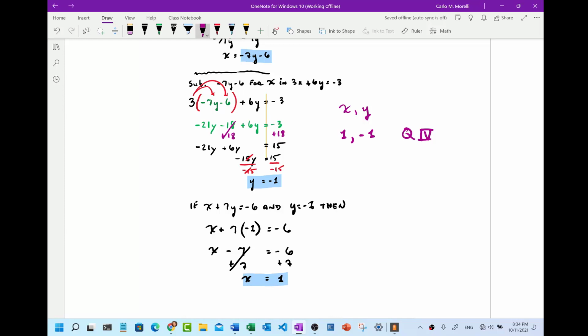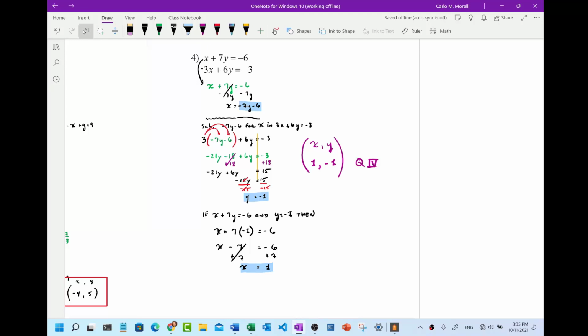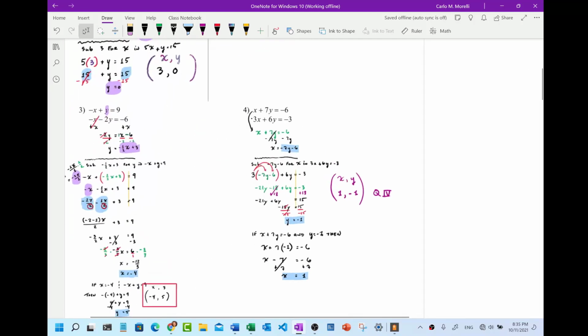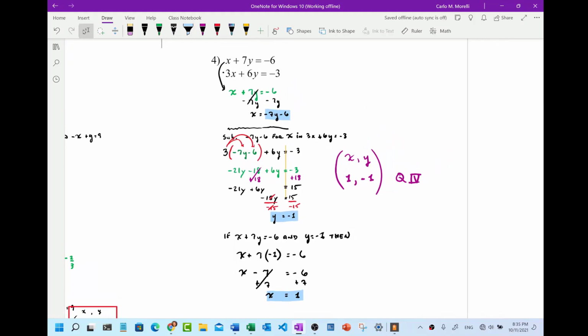Okay, just for trivia. Alrighty, and that brings us to the end of number 4, and I believe brings us to the end of substitution, which is always quite a challenge. So good job on completing number 4.